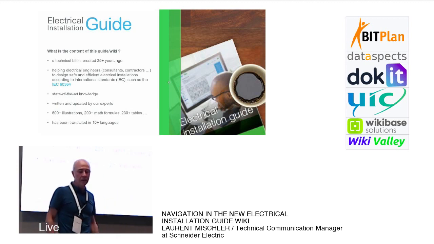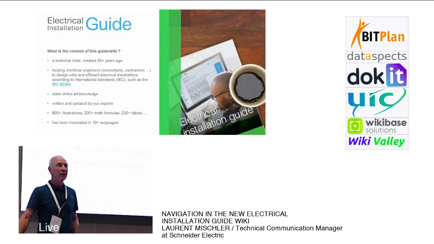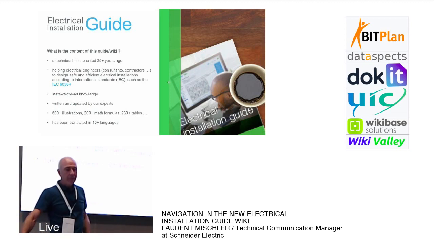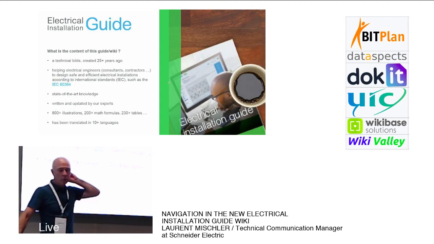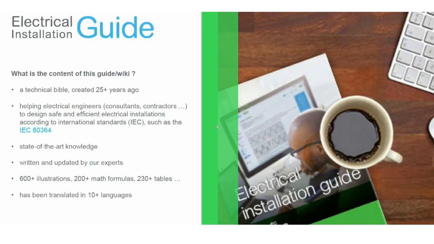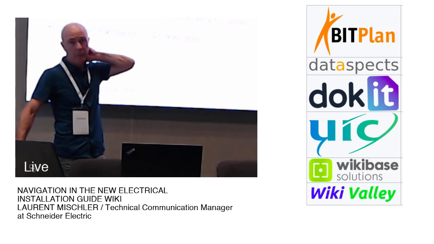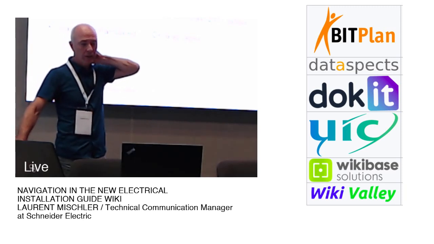It's really helpful, and it's a kind of technical reference on how to make those electrical installations, what about harmonics and whatever. It's not so important. It's pretty rich content, a lot of math formulas, big tables, a lot of vector images with text inside them, so quite complex content.